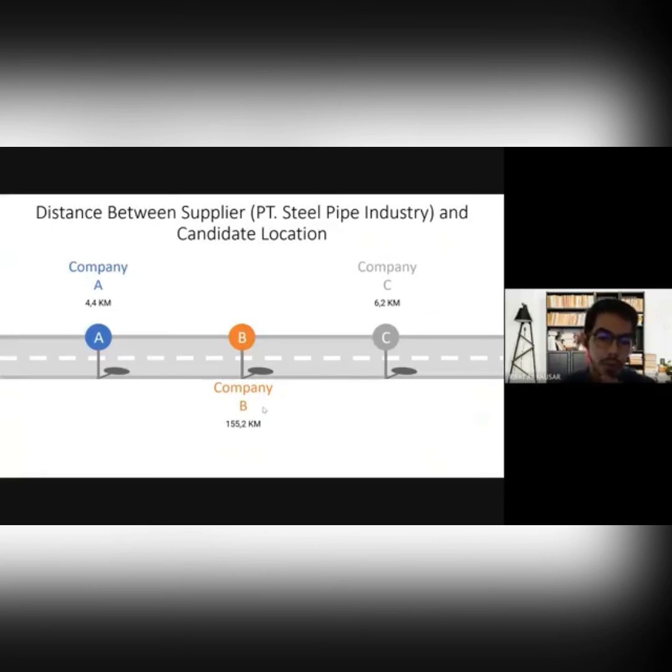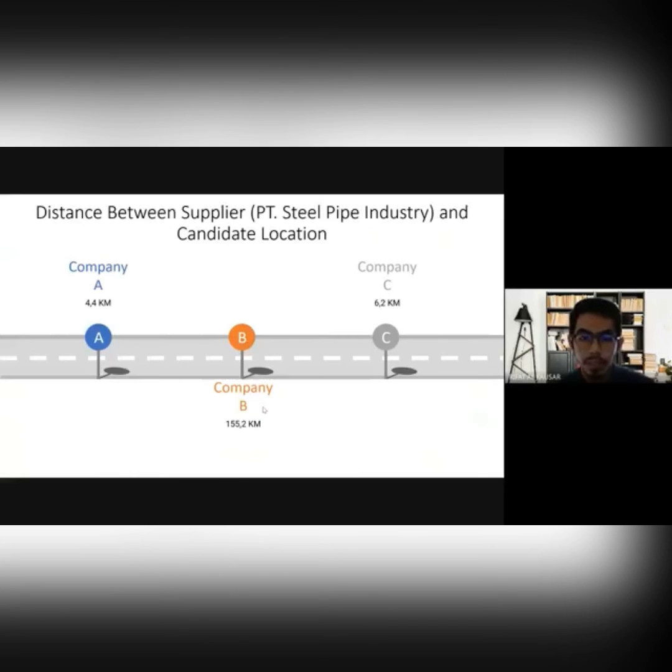So after we determine the factors, we use AHP to determine the weight, and then we use the ArcGIS application to determine the distance between the suppliers and the company place.